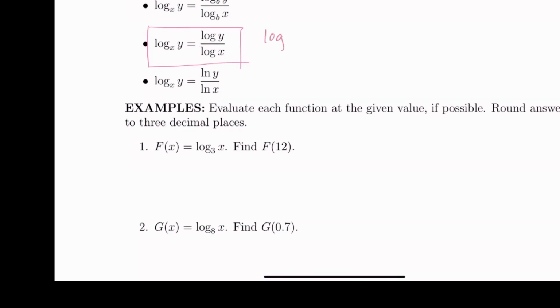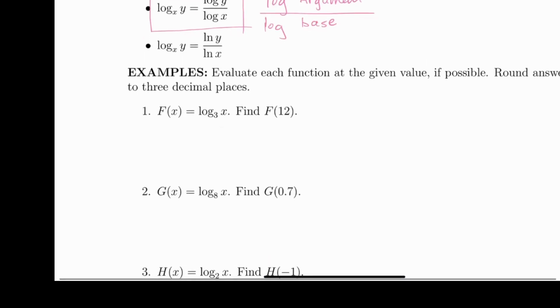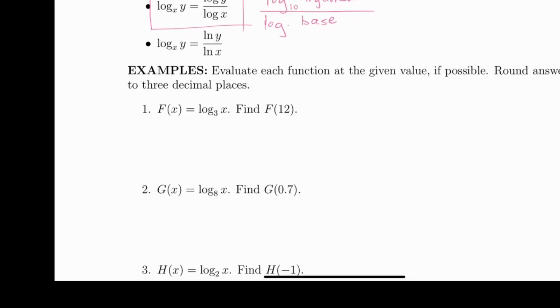In other words, log of the argument over log of base. And you do it with a common base, with a base of 10, or with using ln. And that way you can do it real quick on your calculator.